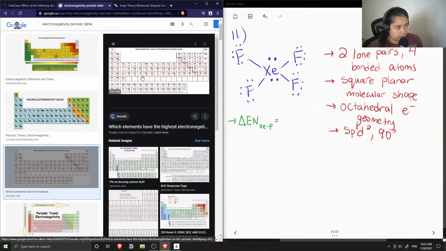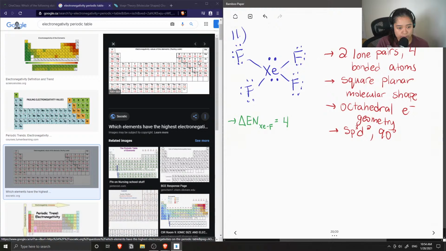Fluorine has an electronegativity value of 4, and xenon has an electronegativity value of 2.6. I think these are a bit rounded, but if we subtract 4 minus 2.6, you get 1.4.